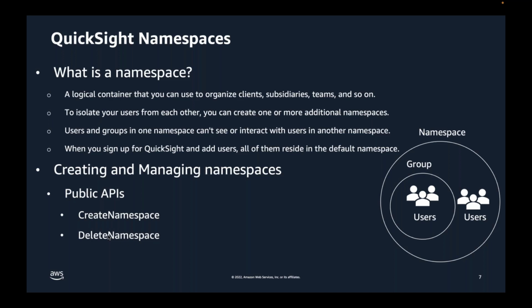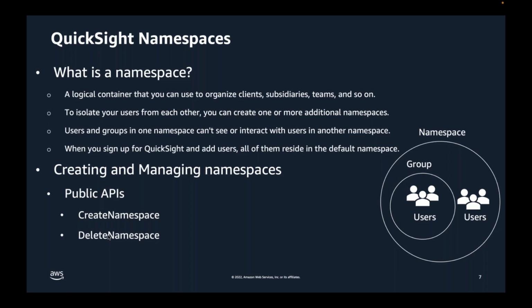And what that translates into is that a user in namespace one cannot share a dashboard, accidentally or intentionally, with a user in namespace two. So that's what namespaces allow you to do. And we'll go into one detailed use case after this one, which will hopefully make it more clear why you would need namespaces or what kind of use cases can be fulfilled by these namespaces.